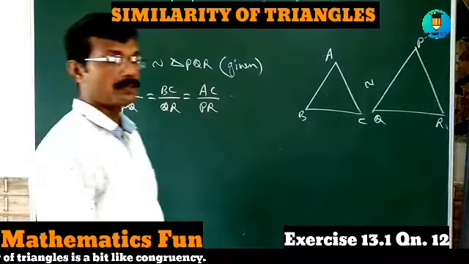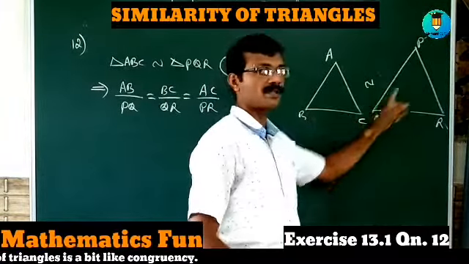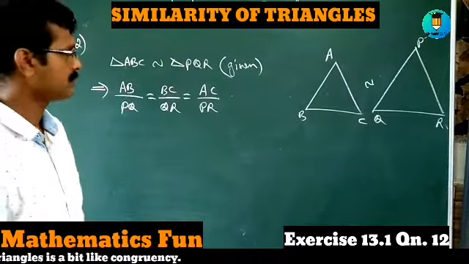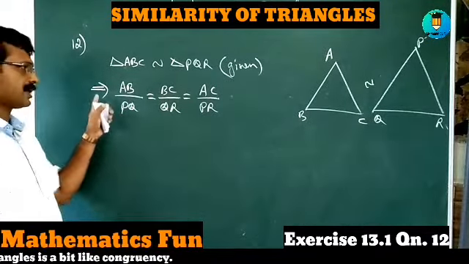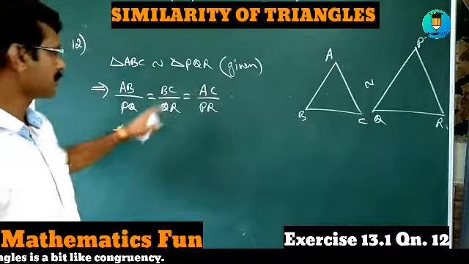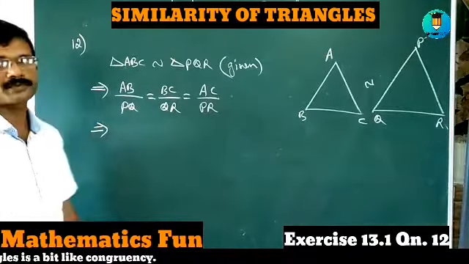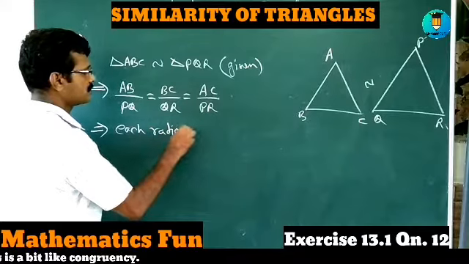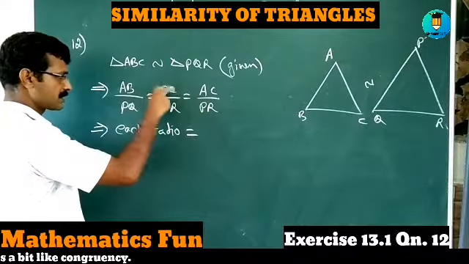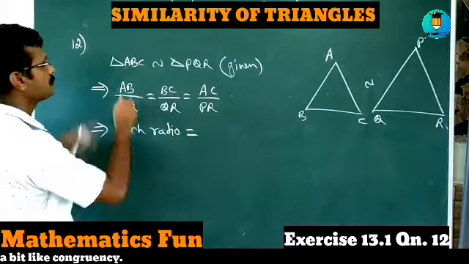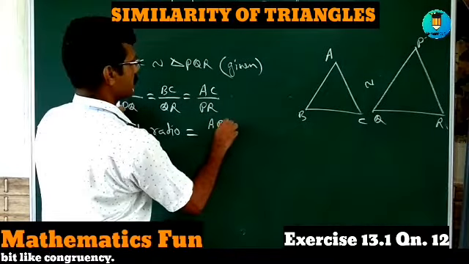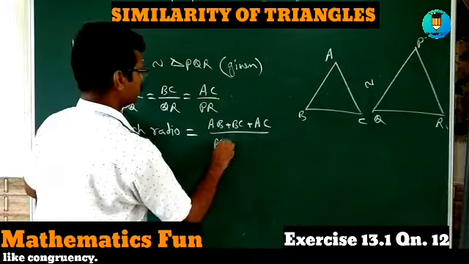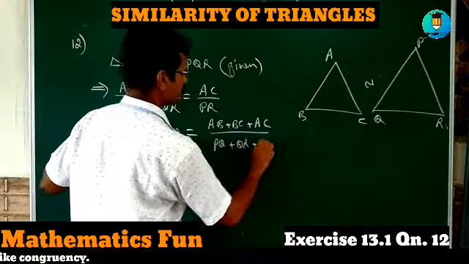Now we have to bring in the perimeter. Perimeter means we have to add up all the sides. You studied the equivalent ratio property in the ratio and proportion chapter. If you apply it, each ratio is equal to the sum of all these: AB plus BC plus AC divided by PQ plus QR plus PR.